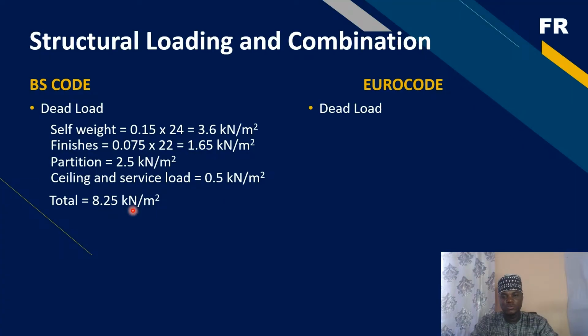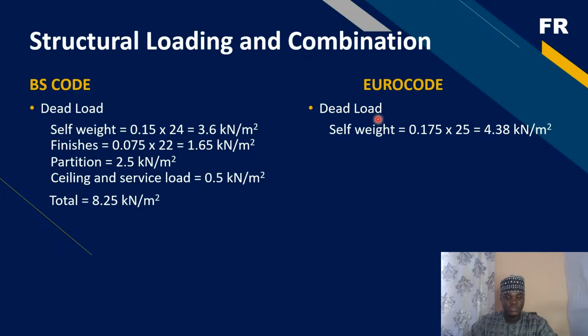Then according to the Eurocode, the dead load is going to be the same thing, but the difference here is that based on our previous analysis, we found out that at 150 thickness, the Eurocode will not pass based on the slab size of 5 meters by 5.5. So we now want to go with a thickness of 175. Here, the density of reinforced concrete according to the Eurocode is 25.